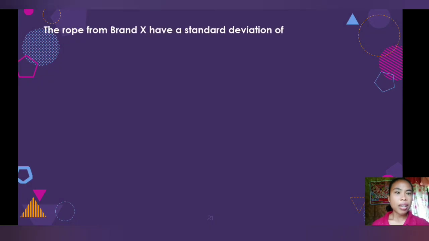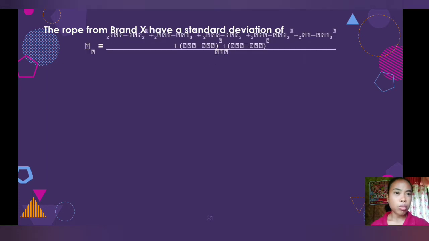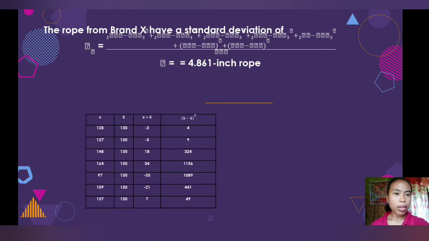Next is the Brand X, the standard deviation of the Brand X. So just like in the previous slide, just follow the steps. So we have 4.861 inch roof. So here is the table. We have the given value, the mean, the variance, and the sum of the squared deviation.